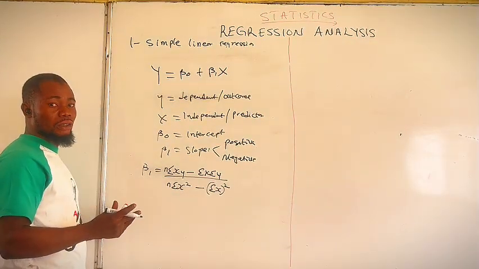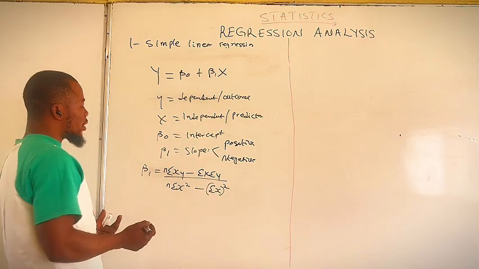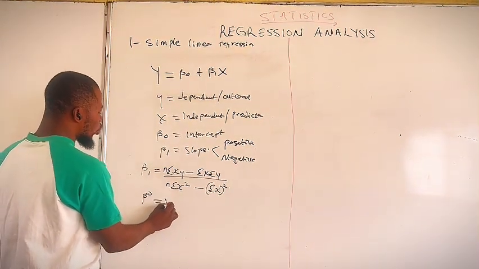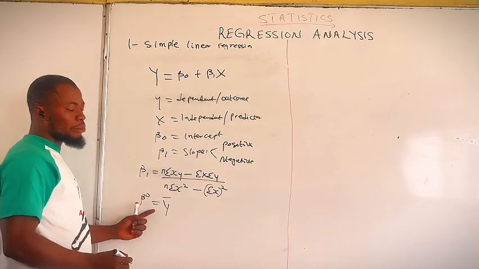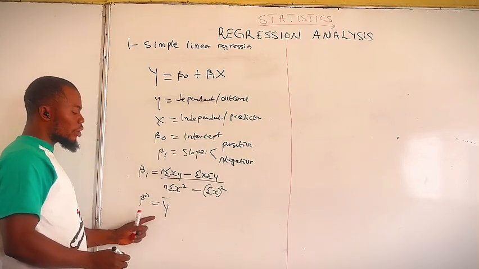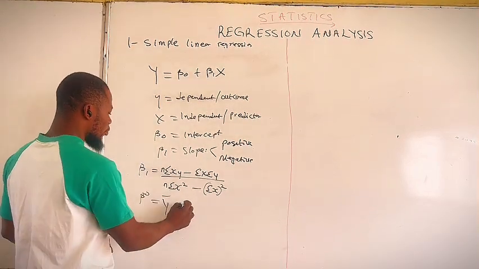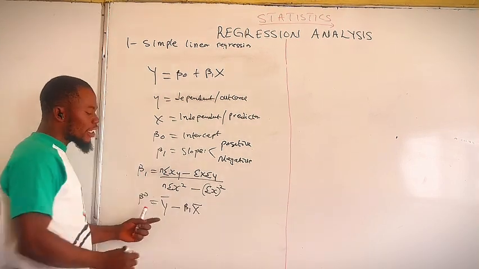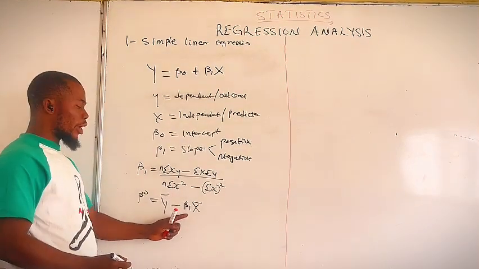Our intercept can be calculated by two different methods. Any one you use will give the same answer. You can calculate it using beta naught equals y bar, that is the mean of the dependent variable, minus beta 1 x bar, that is the mean of our independent variable.